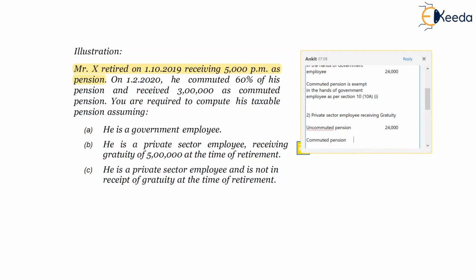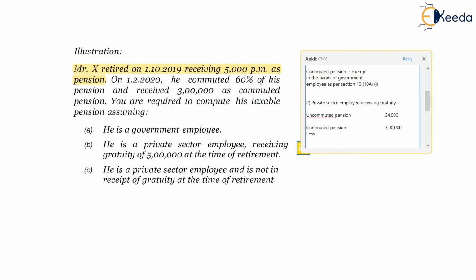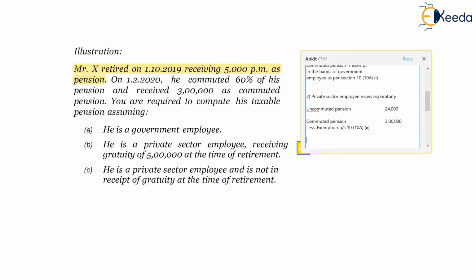So what is the amount received? It is 3 lakhs, less exemption under section 10, clause 10A, subclause 2, right? Gratuity is received, so one third of the value.